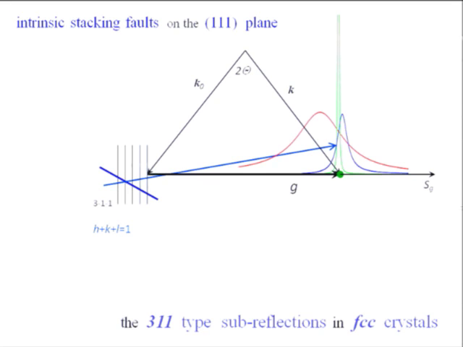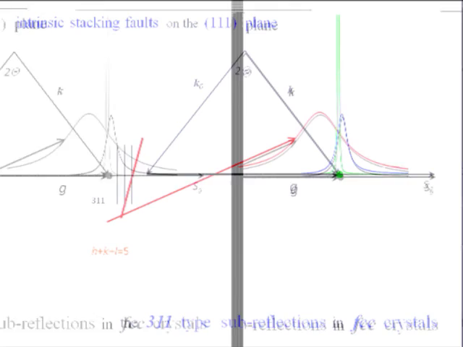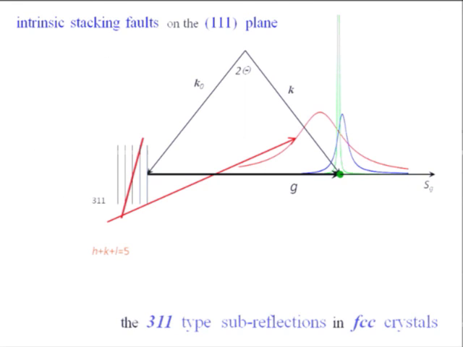This is also well known. This you can find in the book of Warren. If the subreflection is 311 for the same twin direction, 111, the sum is 5, and you get a larger broadening and a shift in the opposite direction.